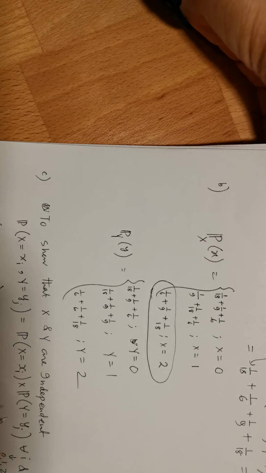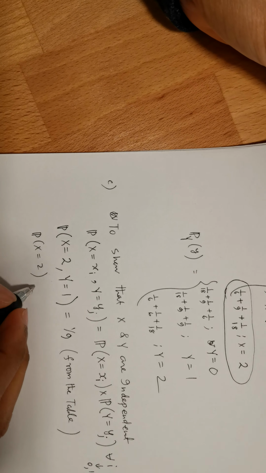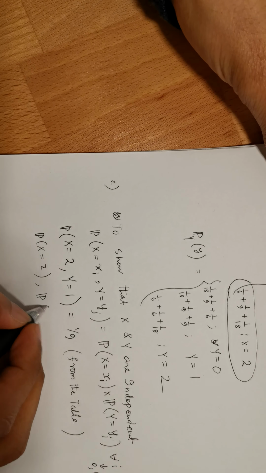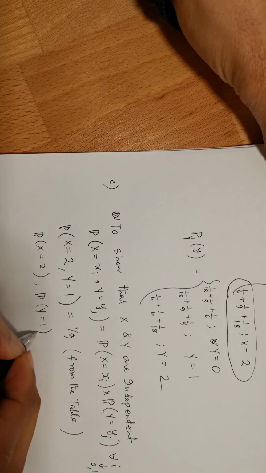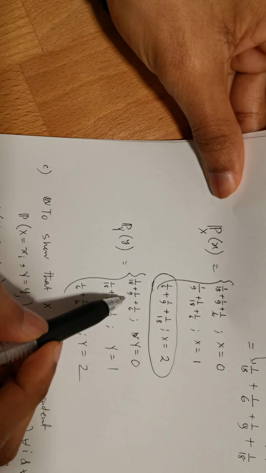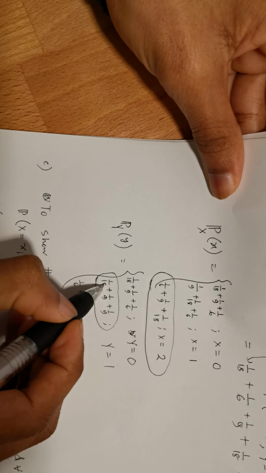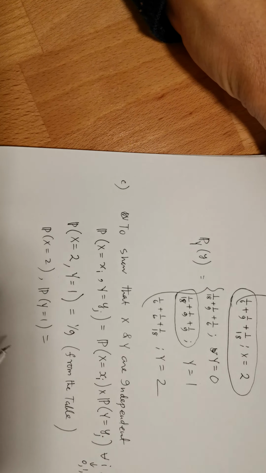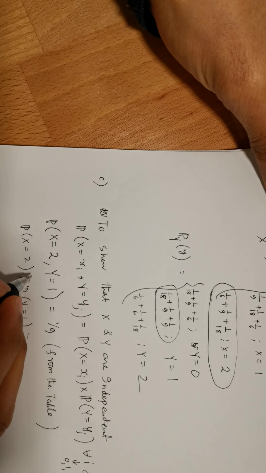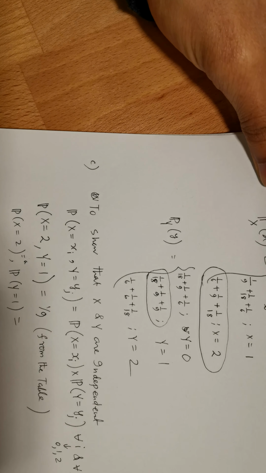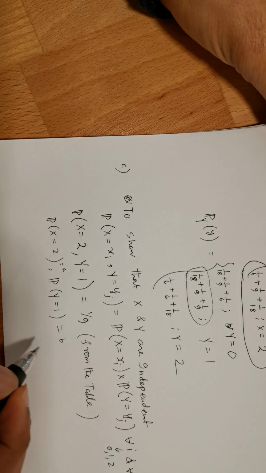And the probability of y equal to 1, you calculate from here. Suppose after calculation the probability of x equal to 2 is some number a, and the probability of y equal to 1 is some number b.